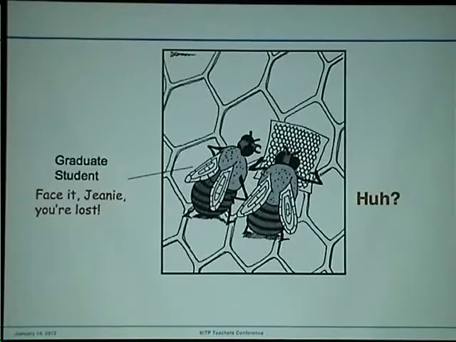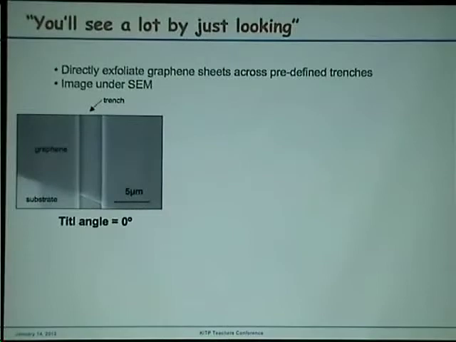okay, we are lost. So we tried to figure out what's going on, and that led to a really interesting discovery. When we started to image and look at these graphene membranes across the trenches under SEM, the scanning electron microscope, this is a piece of graphene.